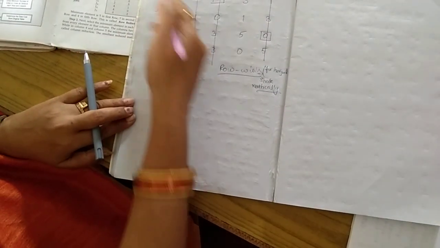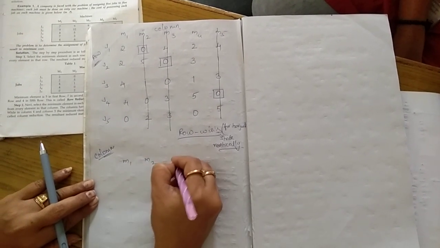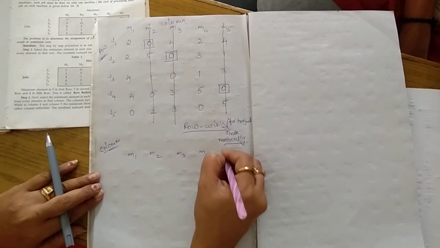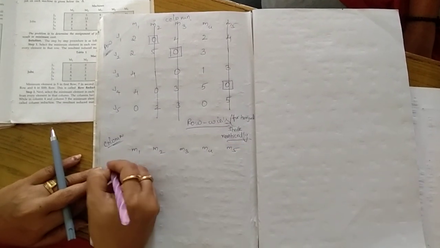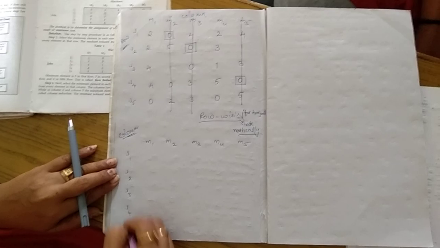Now, actually we can complete here itself, but I want to make sure you understand this. So that is the reason. Now I am selecting in a columnar manner. So in the columnar manner I am going to continue with the same M1, M2, M3, M4, M5, then J1, J2, J3, J4 and J5.